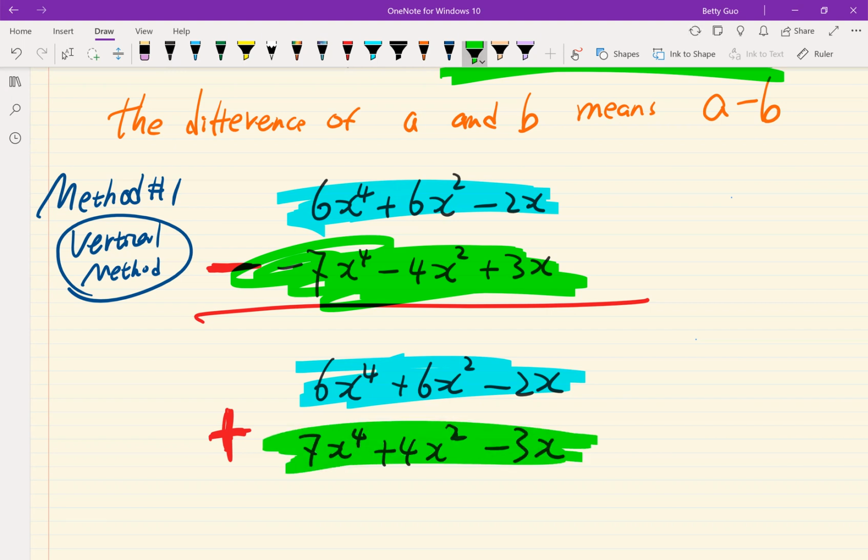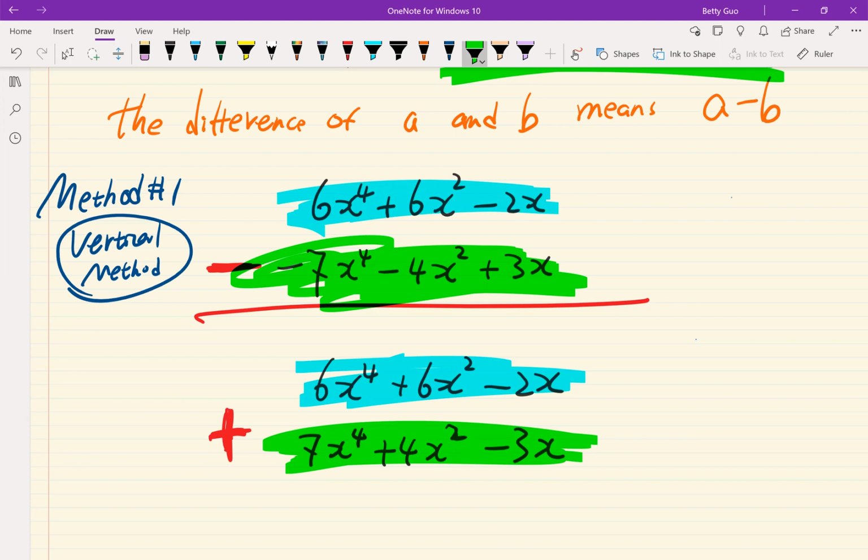Blue minus green, you write it vertically as blue plus the opposite of green. What is the opposite of green? It's easy. Simply flip those signs. Negative becomes positive, negative becomes positive, positive becomes negative, right?